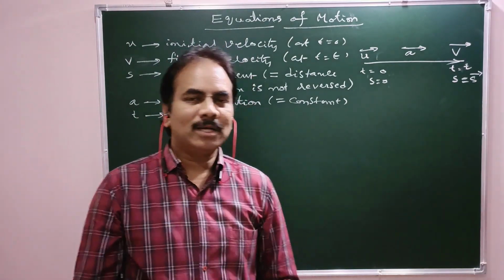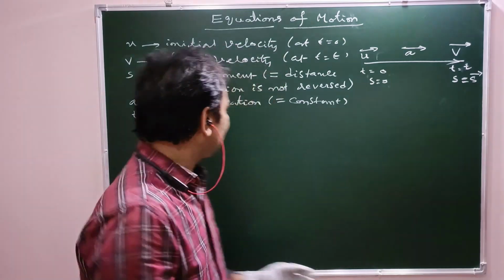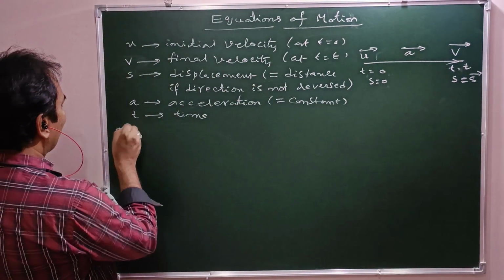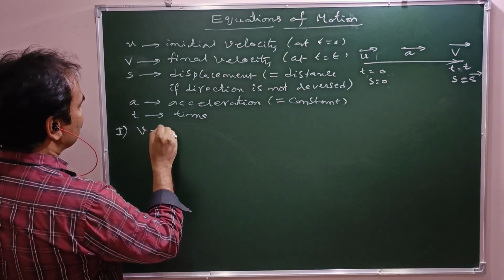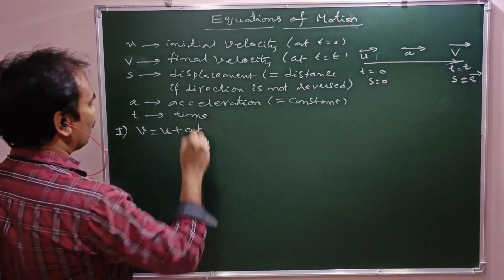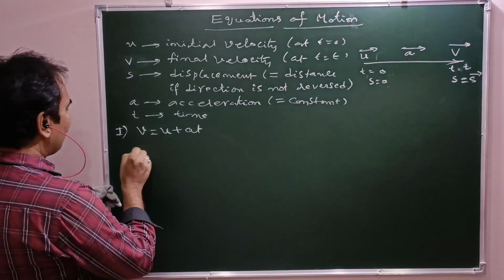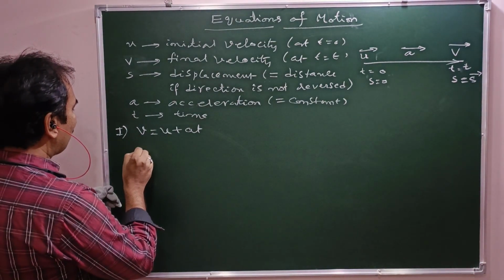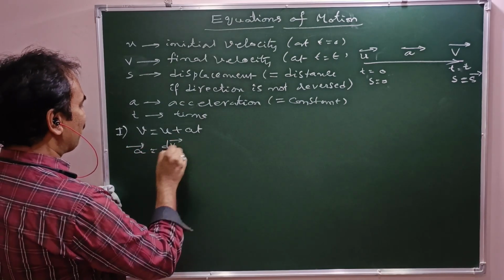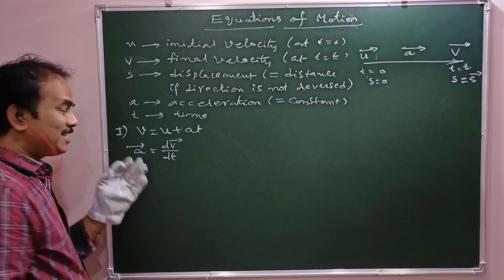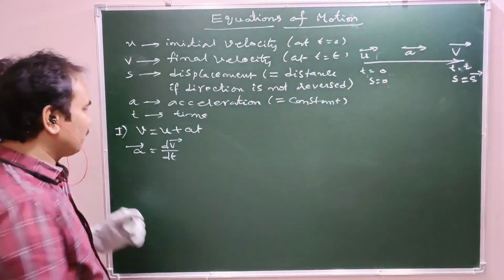Now I am going to derive the first expression, that is v equal to u plus at, number one. To derive that expression, I am taking a bar equal to dv bar by dt, meaning instantaneous acceleration, a bar equal to the rate of change of velocity.